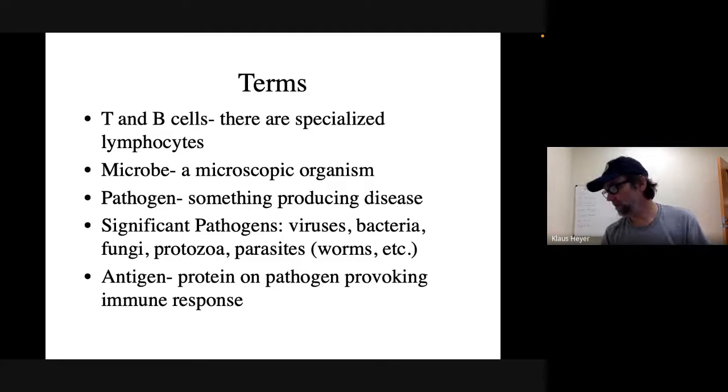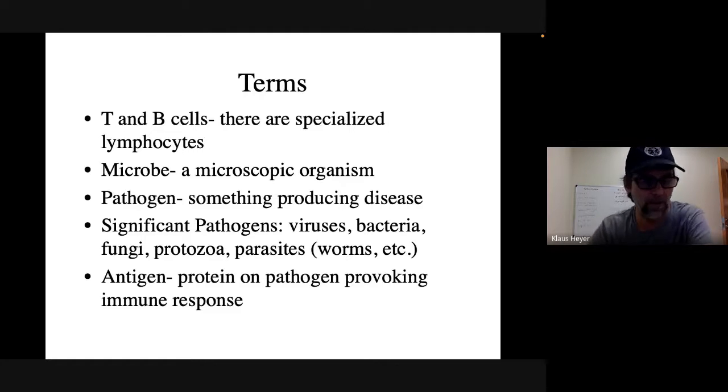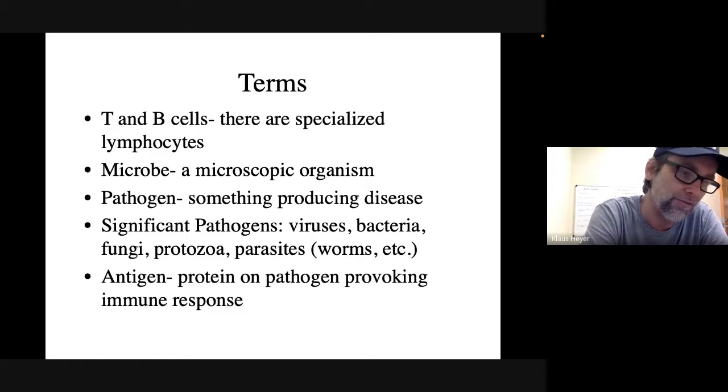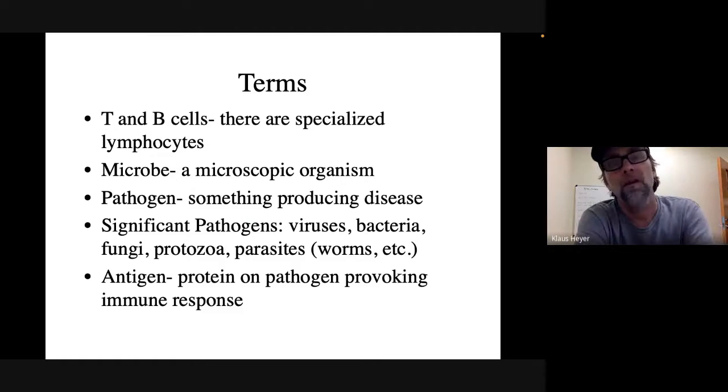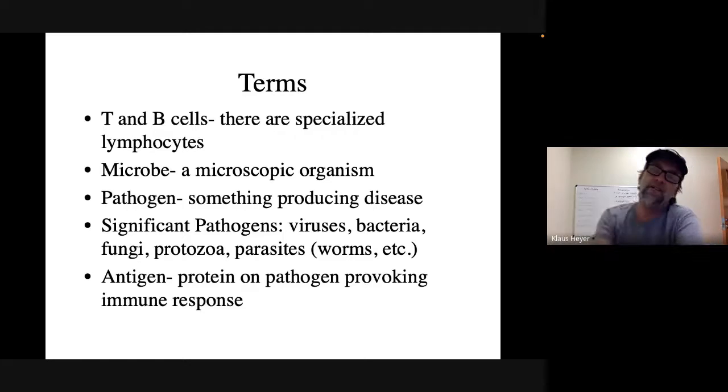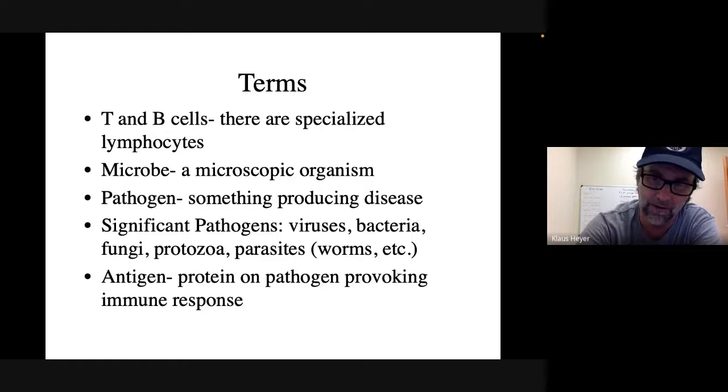Yeah, so let's talk about, before we get into the immune system, and I'm not going to jump into all of it today, but I will get into a little bit of it. Let's talk about some of these. T cells and B cells, we're probably not going to talk about them today, but next class.